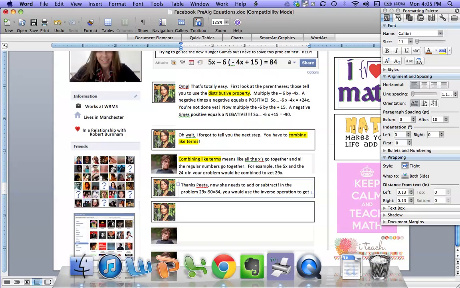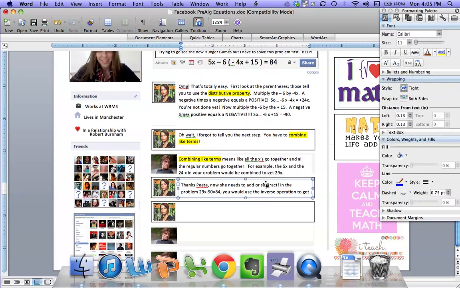The inverse operation of subtraction is addition. So you should add 90 to negative 90.